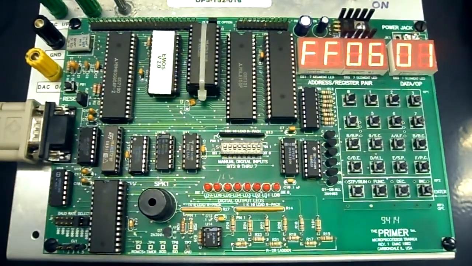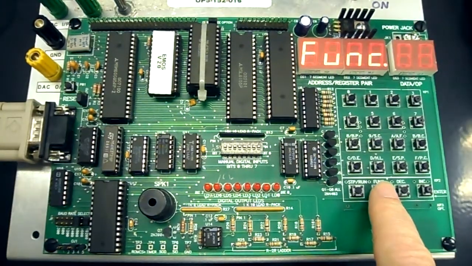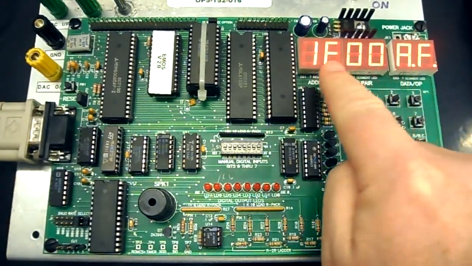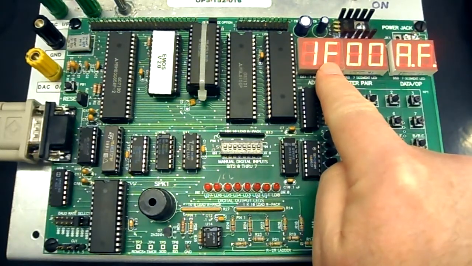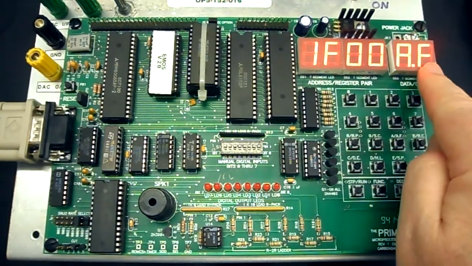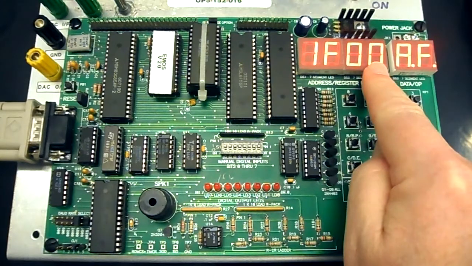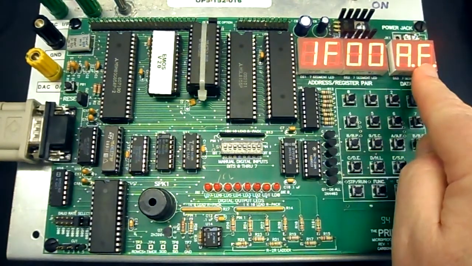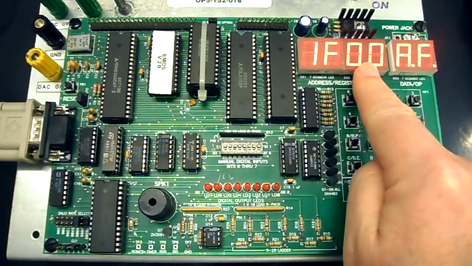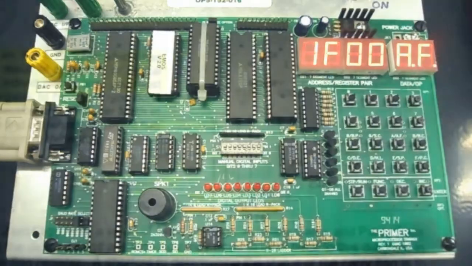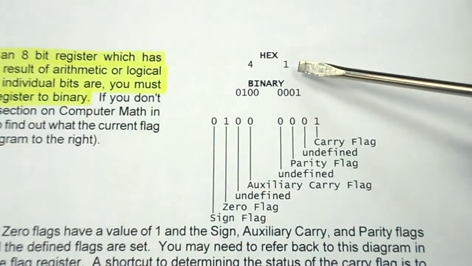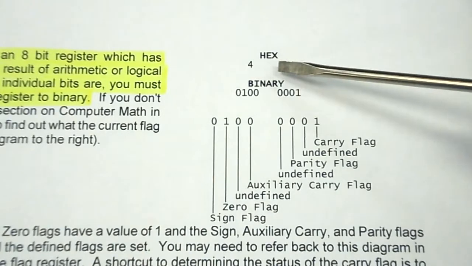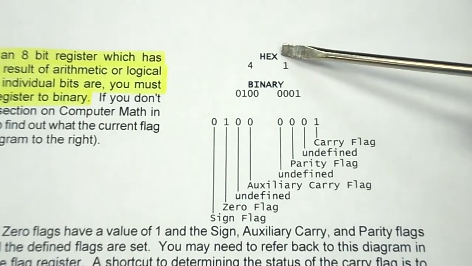One last thing I want to show you is when you press Function and A, we now have what's in the accumulator, 1F, and we have what's in the flag register, 00. But I want you to keep in mind the flag register is actually 8 bits, though we're displaying it as a hexadecimal number. So you can see in the lesson they're giving you an example of what's stored in the flag register as 41, being a hexadecimal number.